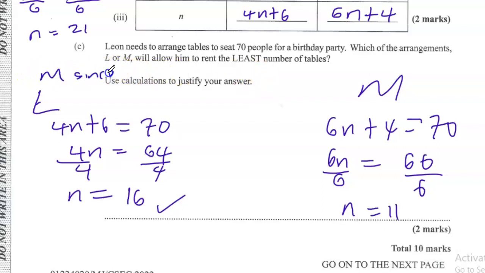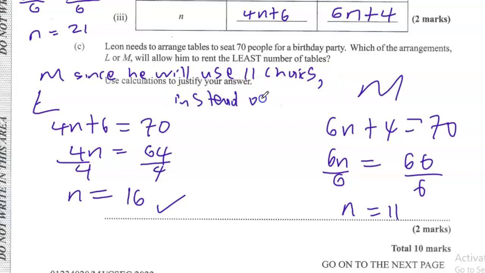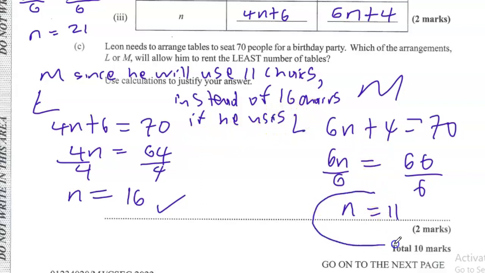Alright, since he will use 11 chairs instead of 16 if he uses arrangement L. Alright, so arrangement M permits him to use 11 chairs and still be able to seat 70 persons.